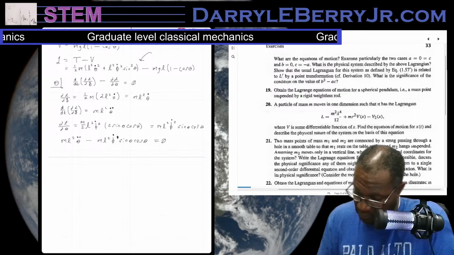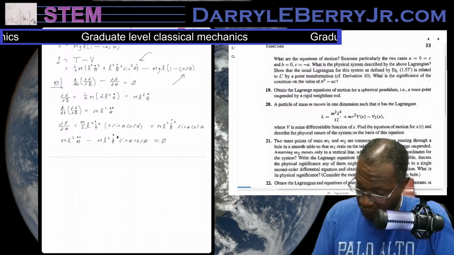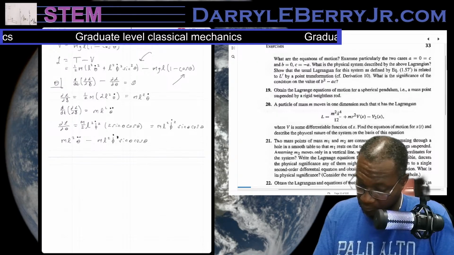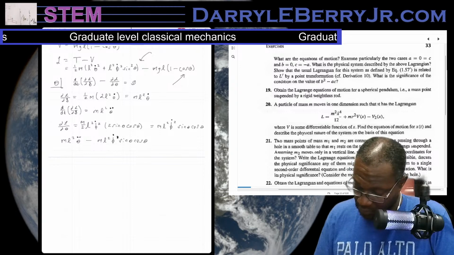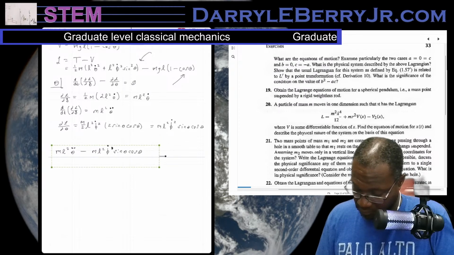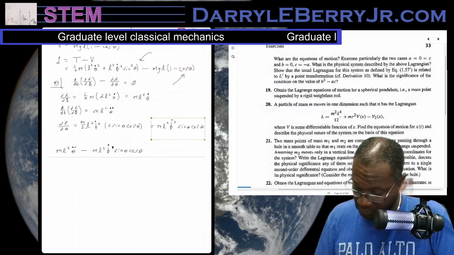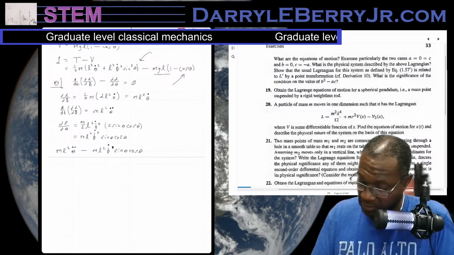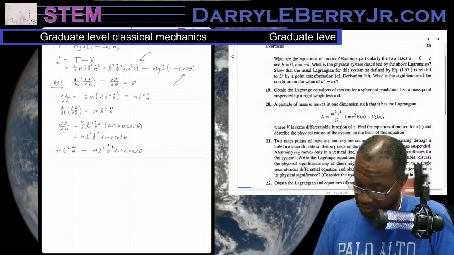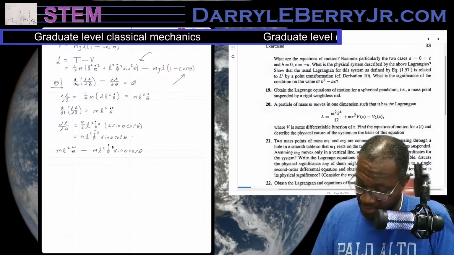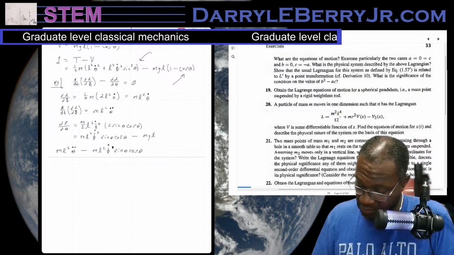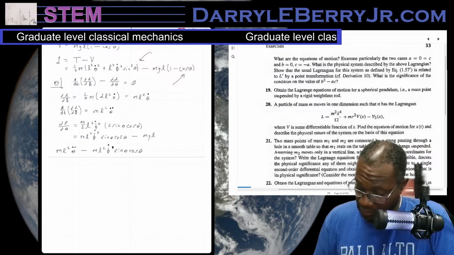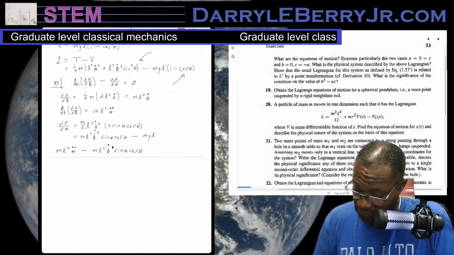I did forget this part over here for my theta. I got the first theta, but I didn't get the second theta. I have to not miss thetas. So I have minus m v L, and this is going to distribute.